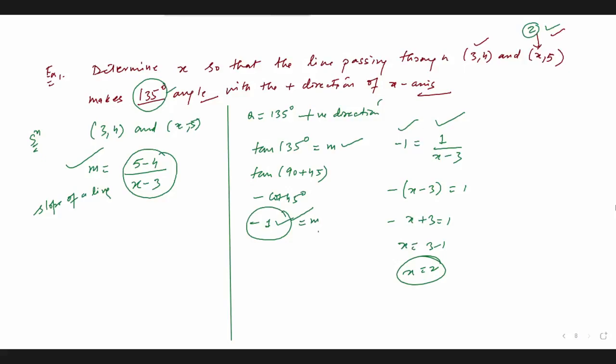That the product of the slopes is minus 1. So we have completed the topic here. More examples we can do in order to find the angles between two lines that have been given to us. Let us take one more example.